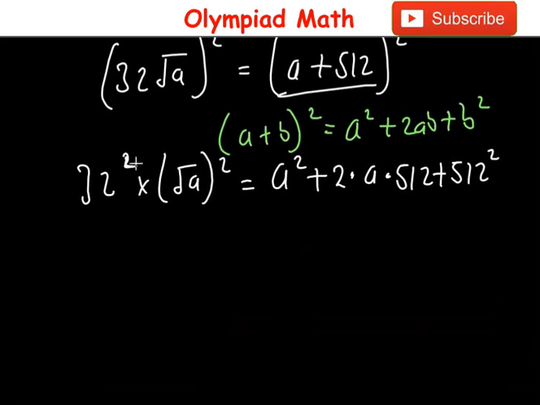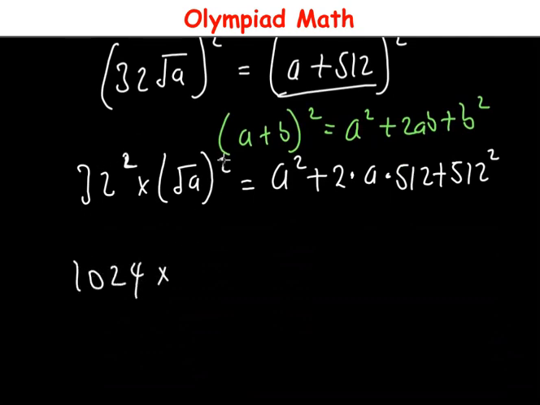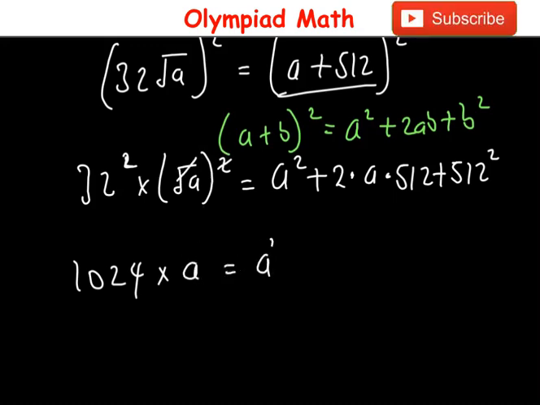Next, 32 squared is equal to 1024 times, square cancels square root, we have a equals a squared plus 2 times 512, 1024 times a plus 512 squared.